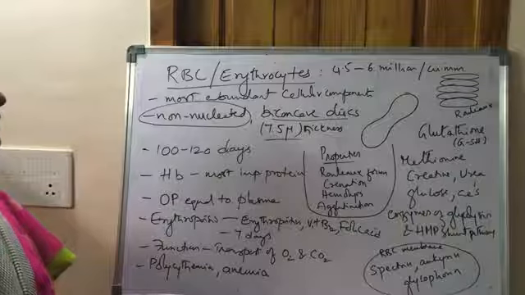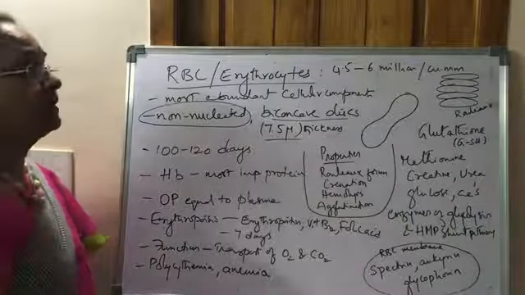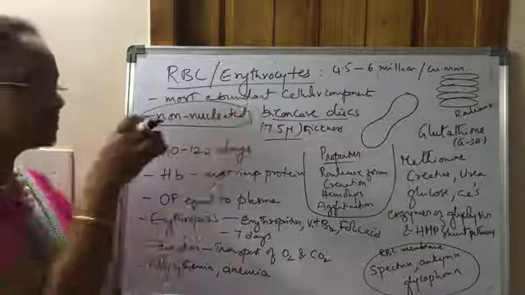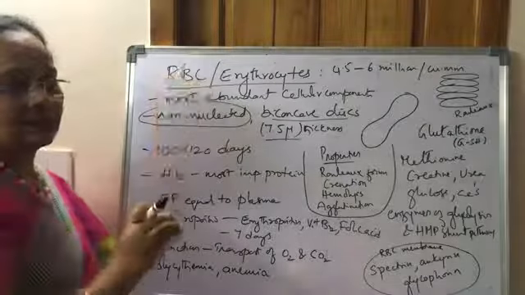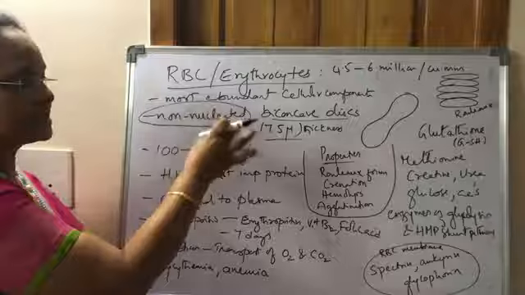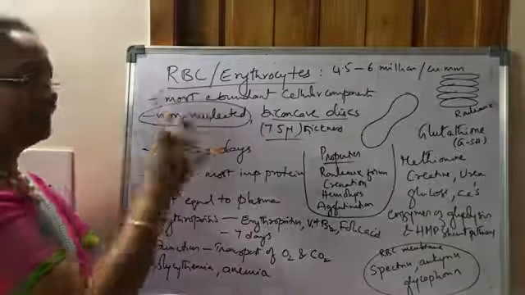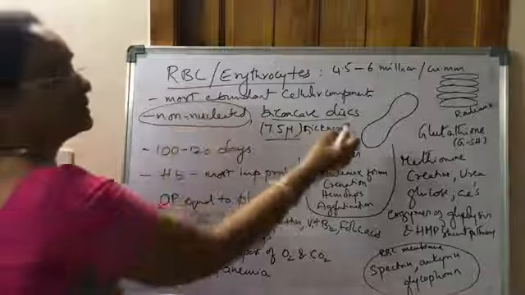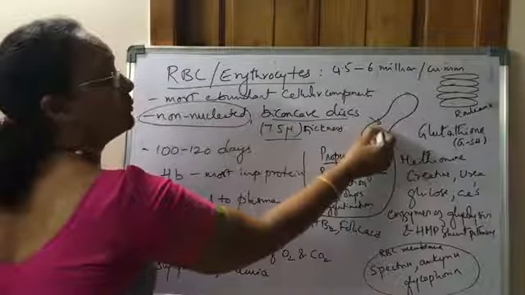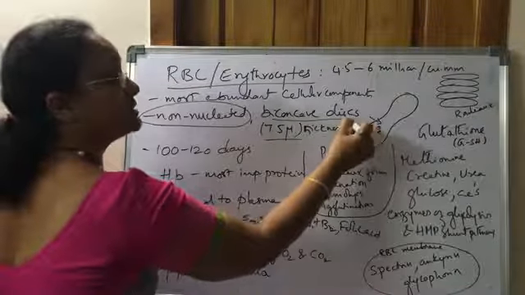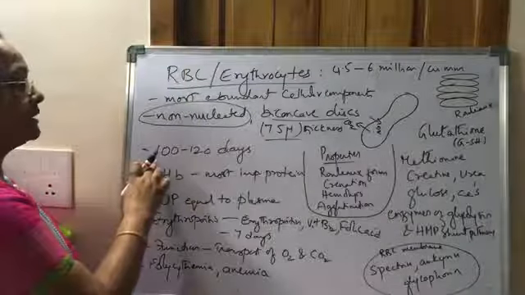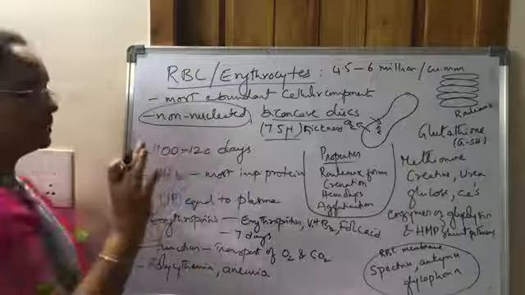That shape is very facilitative for them to squeeze through the narrow capillaries. It is flexible, the most convenient shape. Nature has selected such a shape, and the transport of gases O2 and CO2 is also facilitated by such a shape. Next, lifespan is 100 to 120 days.